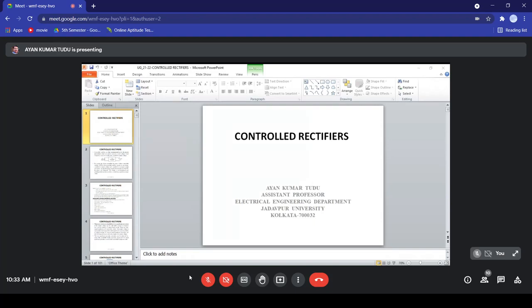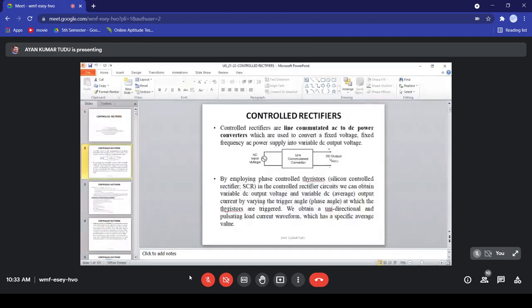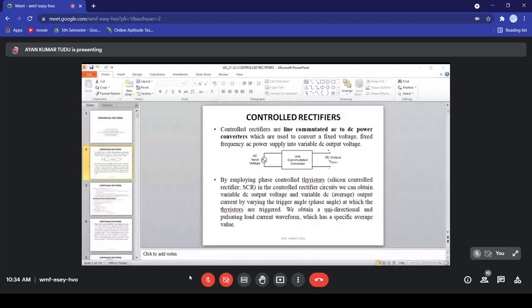That is our SCR. Let us see what these controlled rectifiers are first, and then we'll try to decipher all the individual controlled rectifiers one by one. First we have to understand what controlled rectifiers are. Controlled rectifiers are nothing but line commutated AC to DC power converters, which are used to convert a fixed voltage, fixed frequency AC power supply into variable DC output voltage.